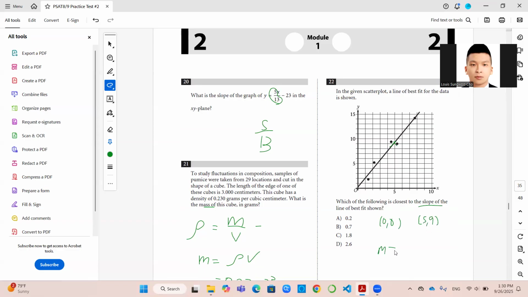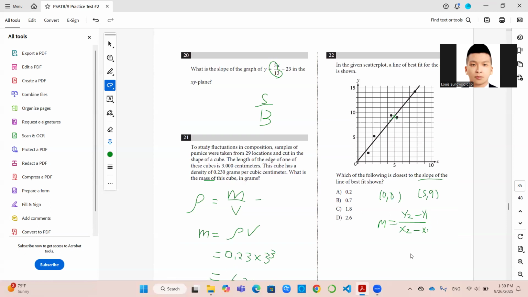Slope is equal to y2 minus y1 over x2 minus x1. So the 9 goes above. So what's 9 over 5? That's 1.8. So C is the correct answer.